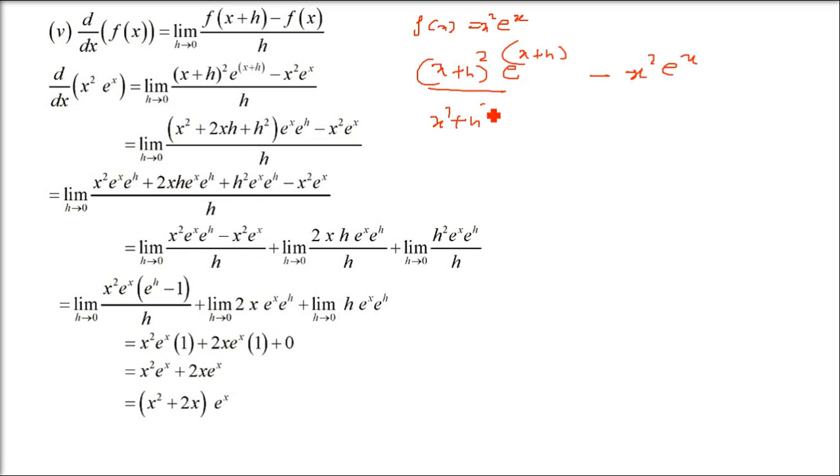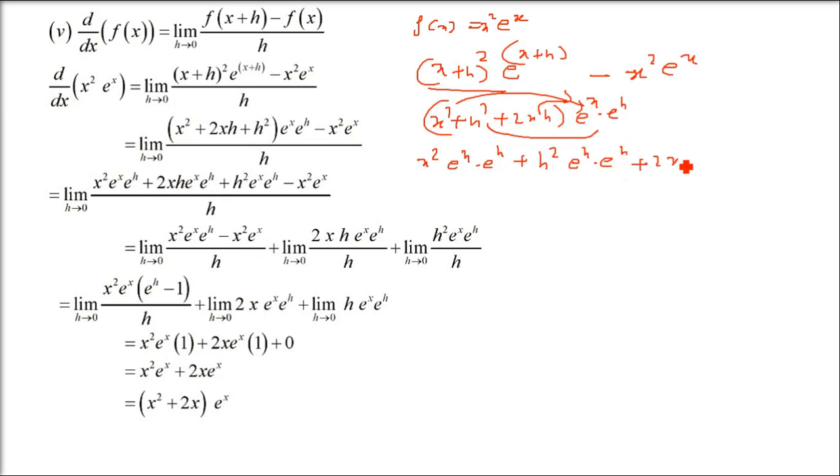This is x square plus h square plus 2xh, and this is e raise x dot e raise h, and multiply this: x square e raise x e raise h plus h square e raise x e raise h, and 2xh e raise x e raise h minus x square e raise x.